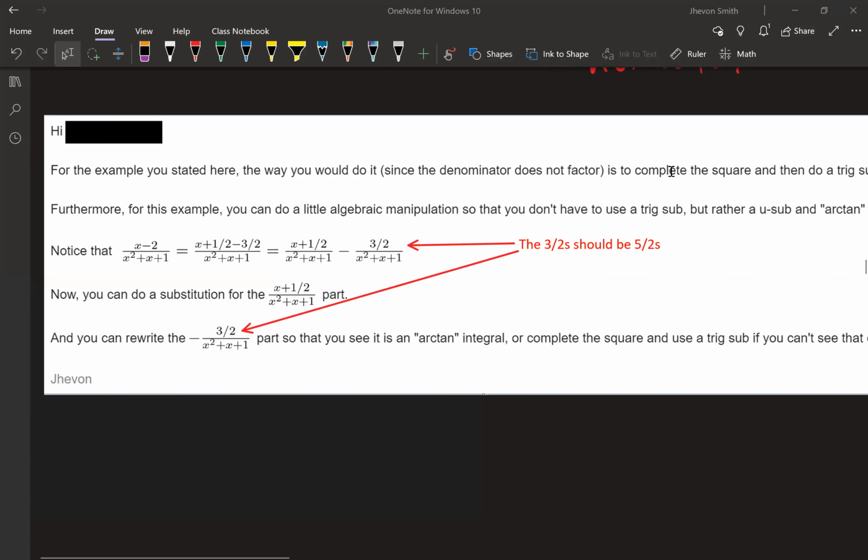So whenever the denominator does not factor, completing the square is something you should immediately be thinking about. So kudos to whoever suggested completing the square.